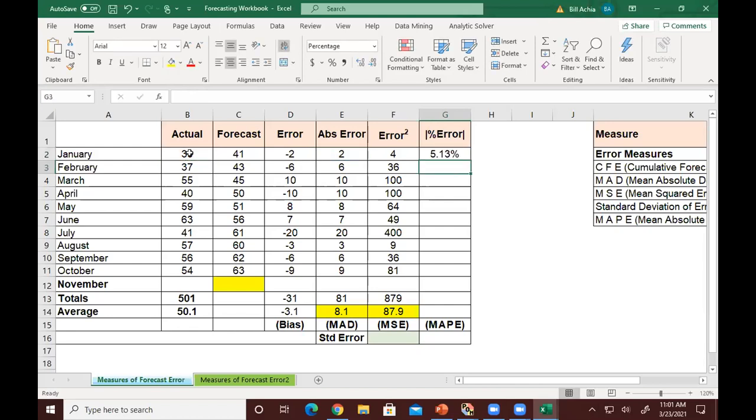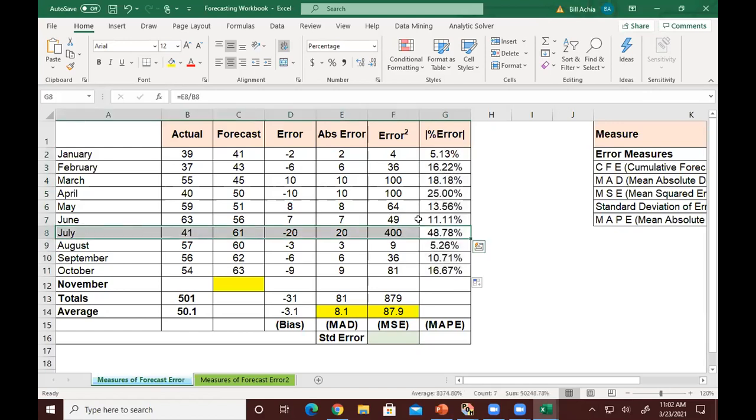Our forecast was off by around 5% for January, and I'll do the same for all those other months. Now I can see that there are certain months, like July, where we were really off, by almost 50%. We placed a forecast for 61, customers only ordered 41, so that was pretty large.